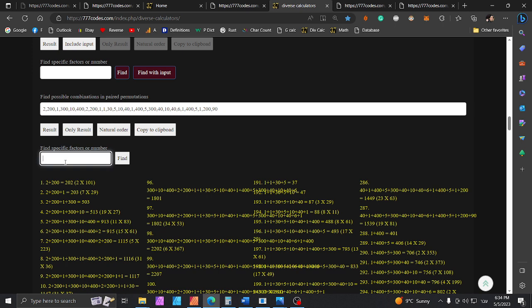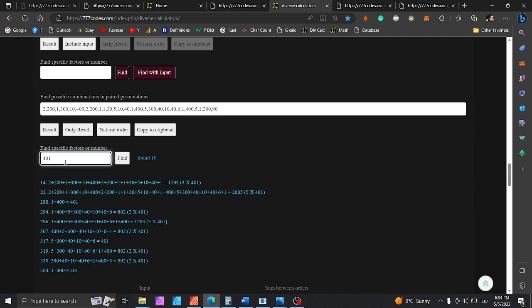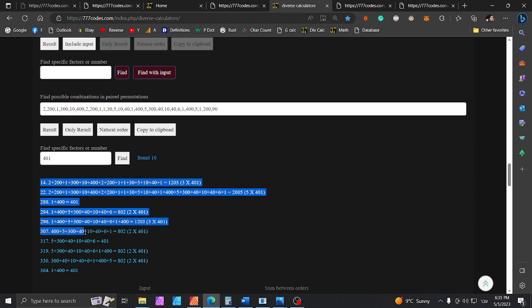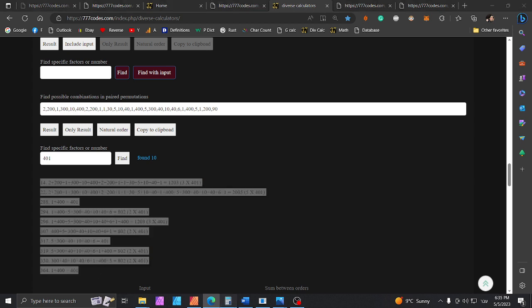Well, let's do a search and find out. Because that's why we have the tools. Technology can be a beautiful thing as well as a destructive thing. Anyways, we see there are 10 letter combinations.